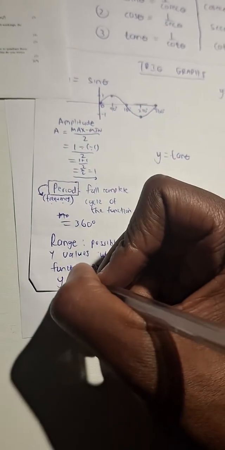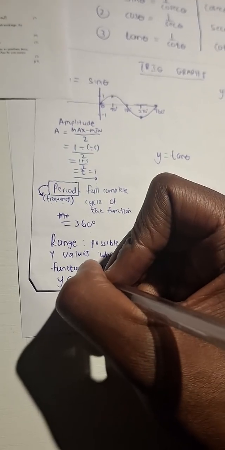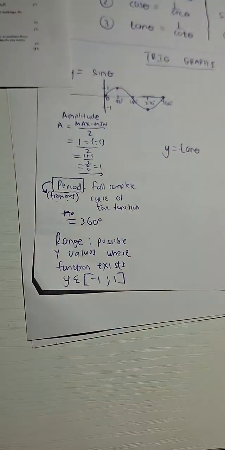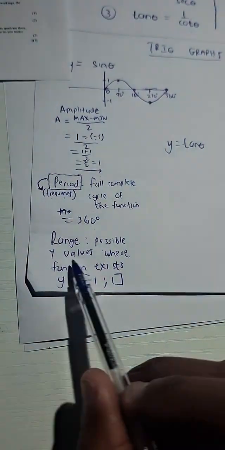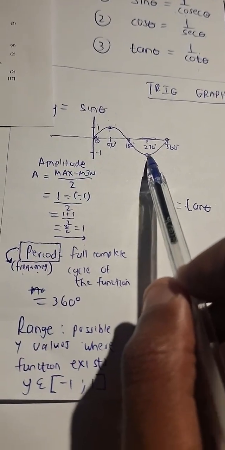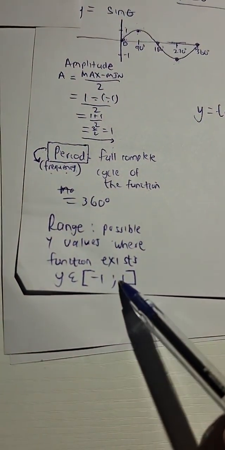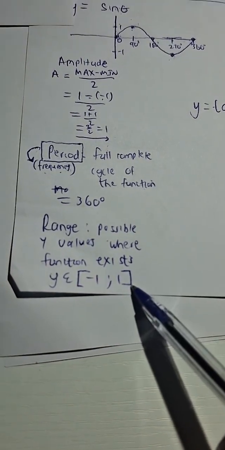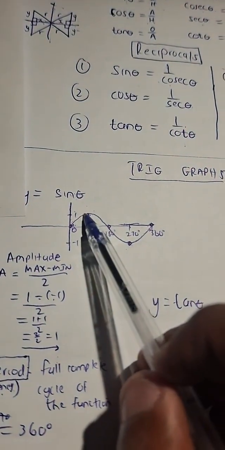So when we write the range, we can say y is an element of, and we use square brackets, -1 to 1. We write square brackets there to indicate that the function exists at -1. It's present, but it exists even in between all the way to 1, and even there at 1, it is existing.